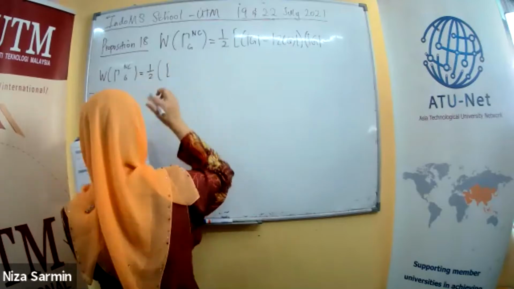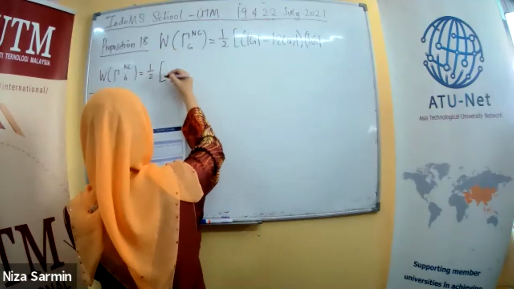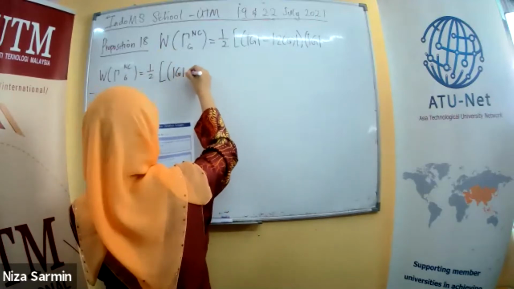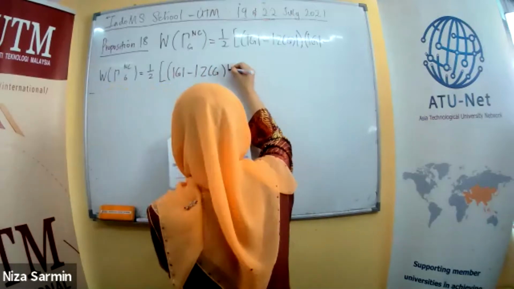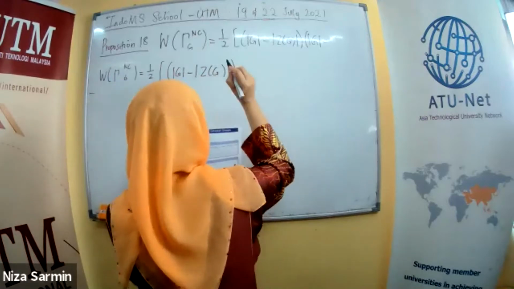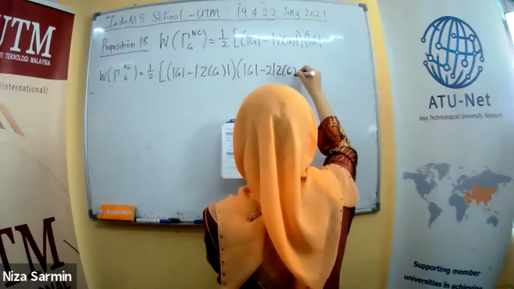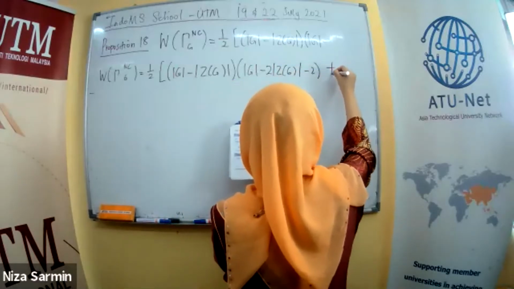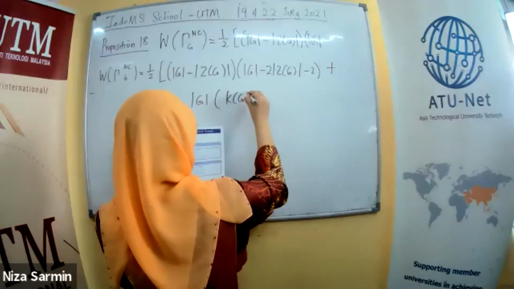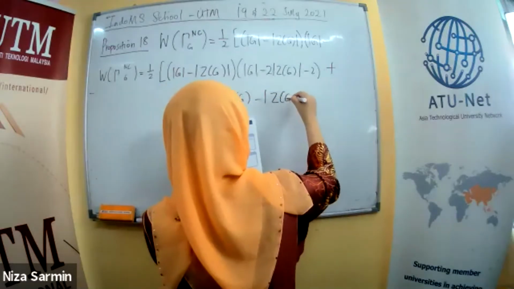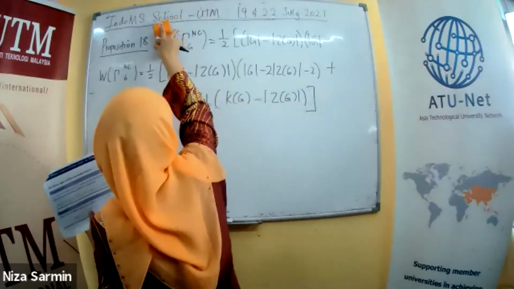Okay. 1/2 times the order of G minus the order of the center, multiplied by the order of G minus 2 times the order of the center minus 2, plus the order of G multiplied by the number of conjugacy classes minus the order of the center. And all divided by 2.